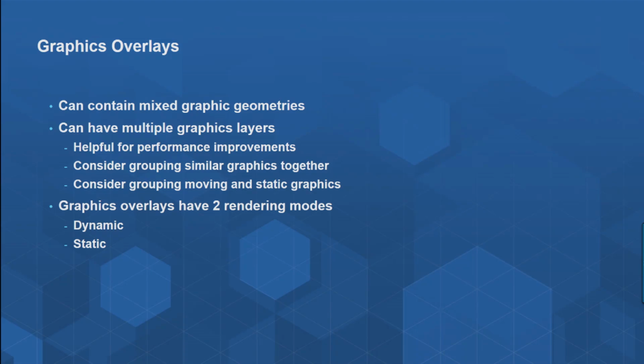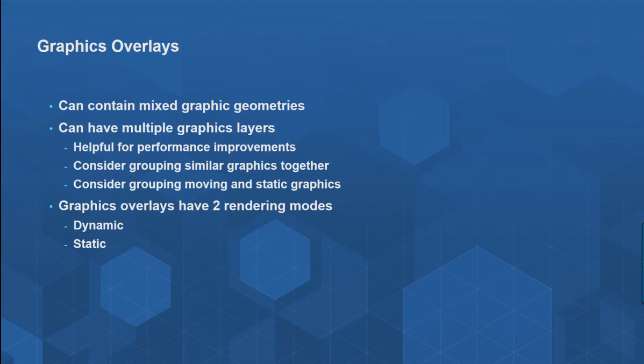Some tips to improve the performance of your application: it's actually better for the software if you have a larger number of graphics overlays with a smaller number of graphics than it is to have one graphics overlay with everything thrown in. Further tips: group your similar graphics together. If you put all your points in one graphics overlay and then your lines and your polygons in separate graphics overlays, you'll find that the software does render a little bit better.